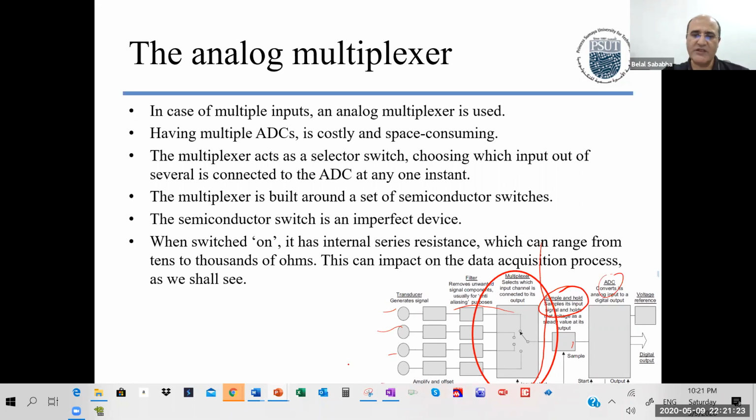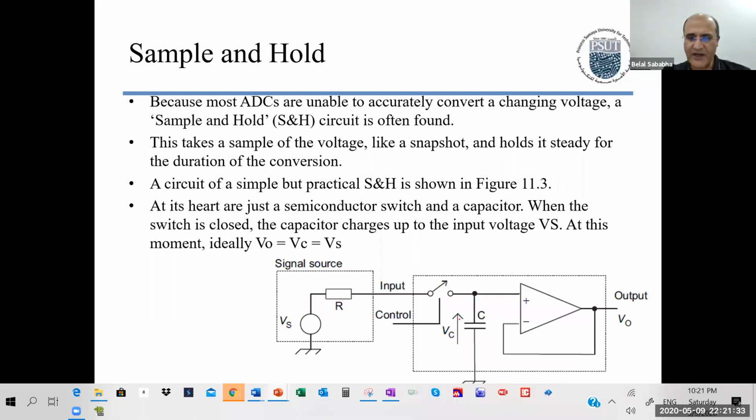Now all the things, this multiplexer and the filters and the things before it, have an equivalent resistance. Okay. Sample and hold: you sample, you close the switch, and this capacitor starts charging to get to a value. But because the incoming signal source, with all those layers of amplification, offsetting, filtering, and multiplexer, has an equivalent resistor, we have an RC circuit here.